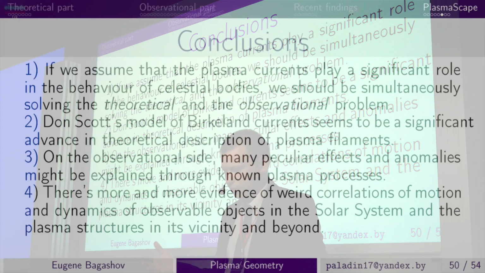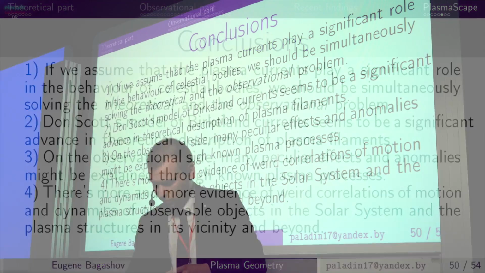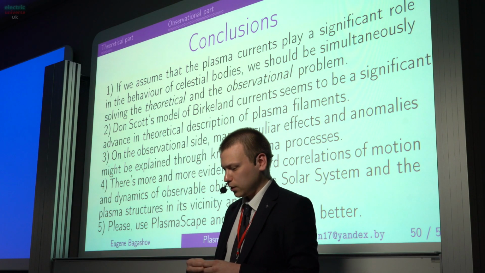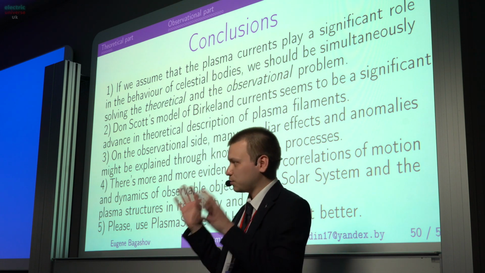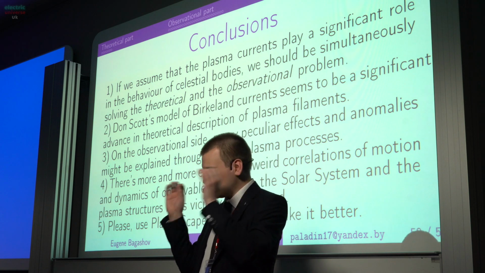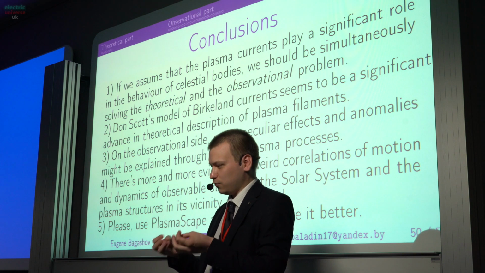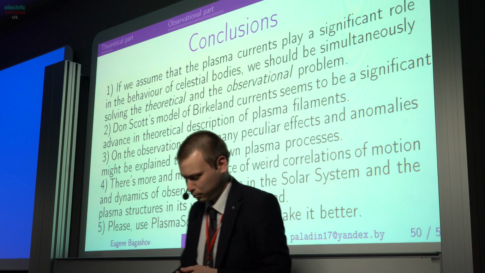And there is more and more evidence of weird correlations that I've found, for example, in motions and dynamics of observable objects in the solar system and in its immediate vicinity. And I've presented this tool that we've developed recently, this Plasmascape, so I hope it will be useful. We specifically aimed it at researchers, or at least people who are interested, right? So if you have any ideas how we can make it better, then go on and tell us, please.